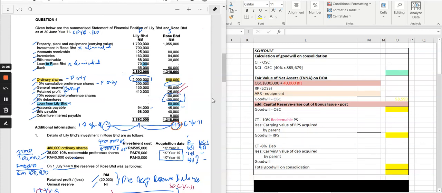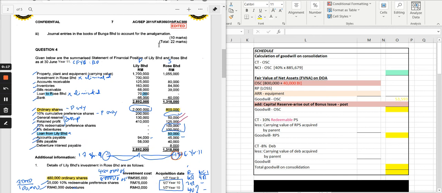This is the second video on the preparation of the consolidated statement of financial position for the company called Lily and Rose. That is the group of companies here, right? And this is using the question September 2011, the edited version.